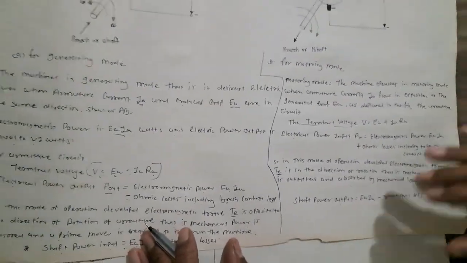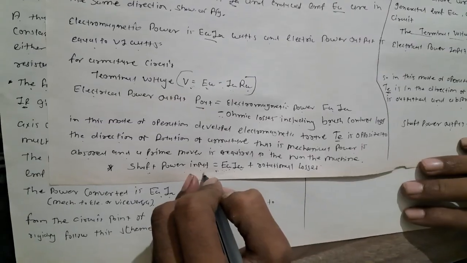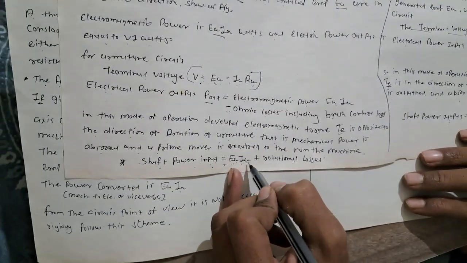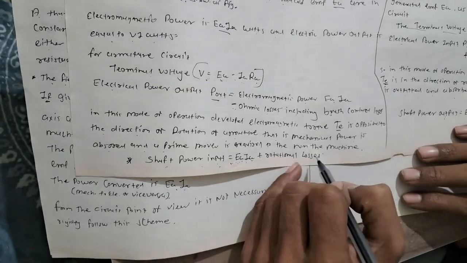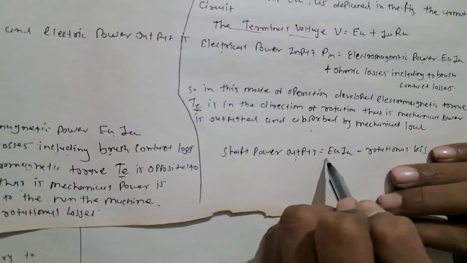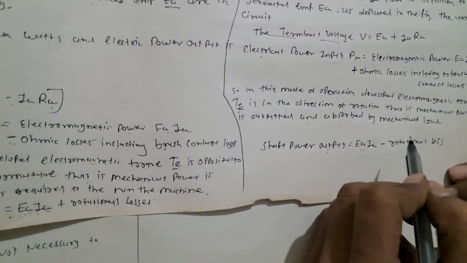In the generating mode the shaft power input is equal to EA IA plus rotational losses, and the shaft power output is equal to EA IA minus rotational loss.